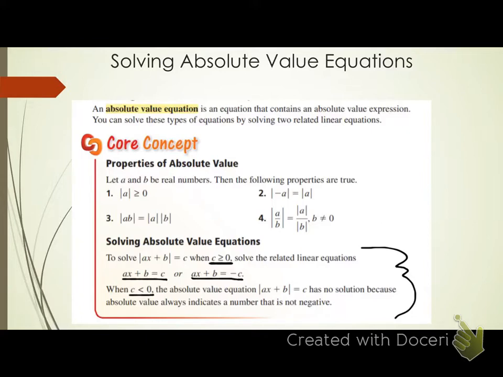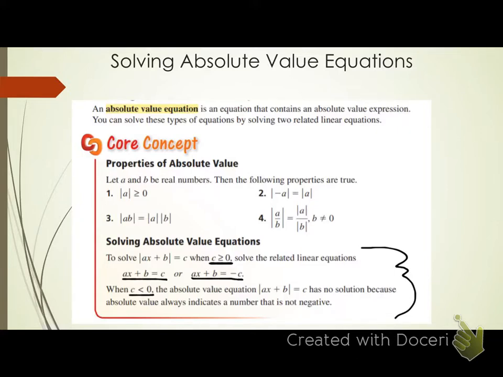Absolute value will always make a number positive, correct? So if I have an absolute value set equal to a negative number, that can never happen, right? Because no matter what I plug in, that absolute value is going to turn it to positive. A positive number will never equal a negative number, correct? So if my absolute value is set equal to a negative, I have no solution. Does that make sense? Okay.